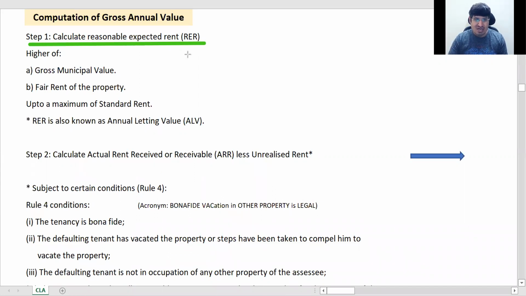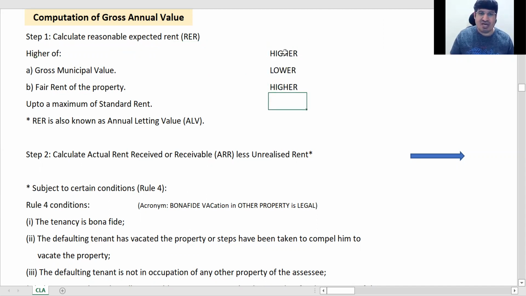Calculate RER. It is calculated as higher of gross municipal value and fair rent, up to a maximum of standard rent. This actually works out to be like this. I'll tell you. These first 3 steps, remember this logic always: higher, lower, higher.